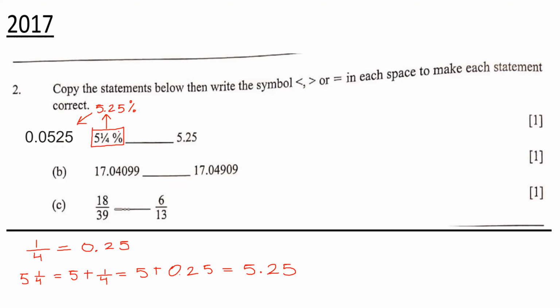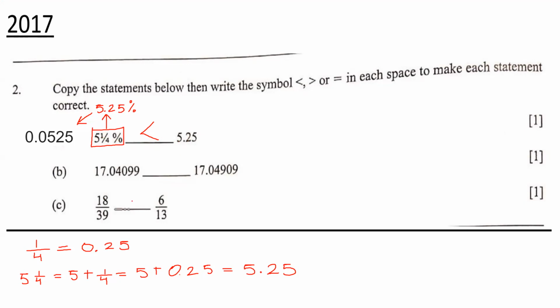And what does that mean? That means that this one is actually greater. That means that 5.25 is actually greater than 5.25%. So what is this telling us? This is telling us that 5.25 is greater than 5.25%. So 5.25 by itself without the percentage is actually greater.